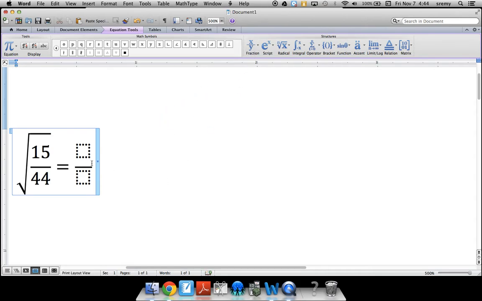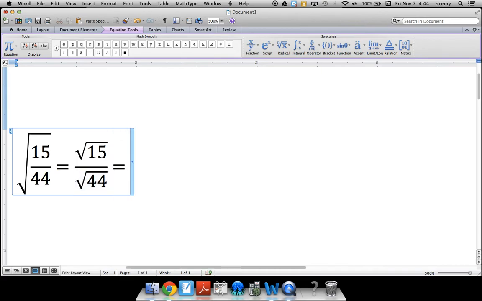So make a fraction. Then in the numerator you want a radical. And then highlight the part you want to type in. Same thing down below. Make that a radical. Type in the radicand. And then you can continue just like that for the rest of it.